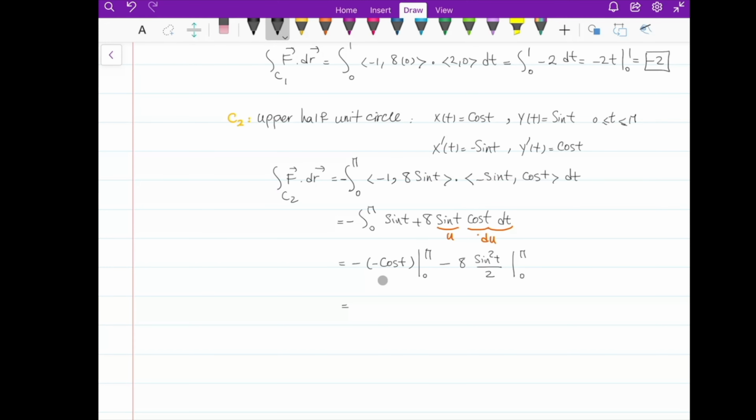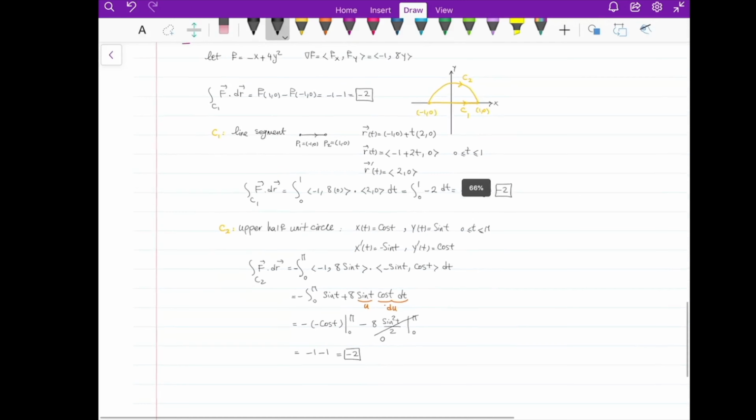Cosine of pi is negative 1, times another negative, positive, so I get negative 1 here, minus, negative would be positive, cosine of 0 is 1. On the other term, sine of pi is 0 and sine of 0 is 0, so altogether that is 0. So the answer I got is negative 2.